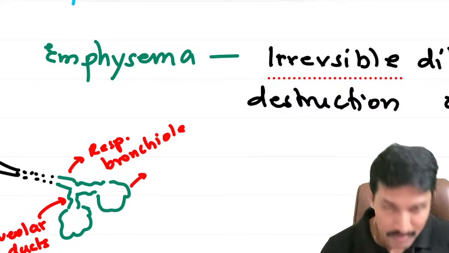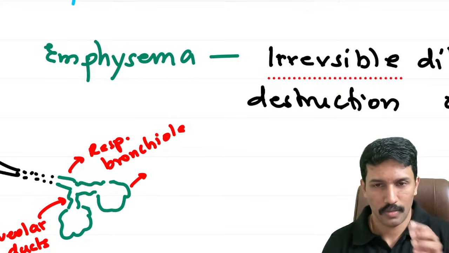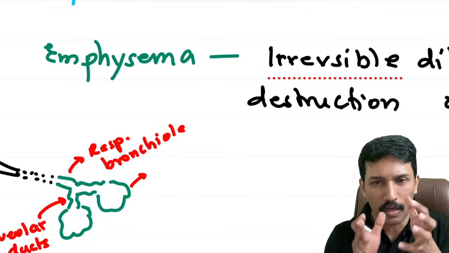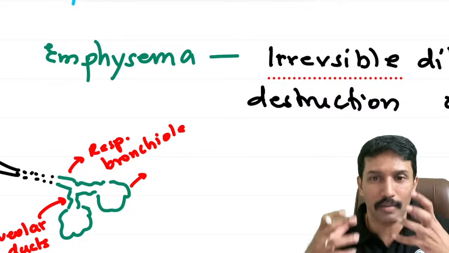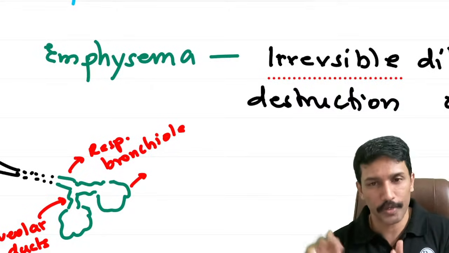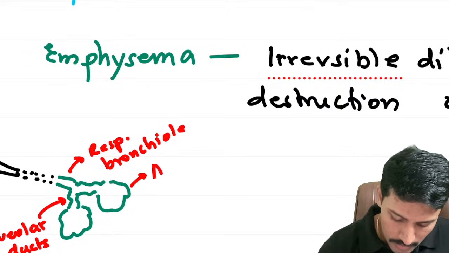All this put together, one respiratory bronchiole, all of its alveolar ducts, in whatever number it divides into, and whatever number of alveolar sacs it leads to, is called one acinus.